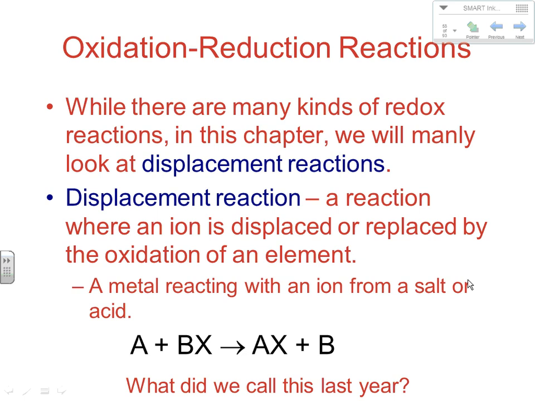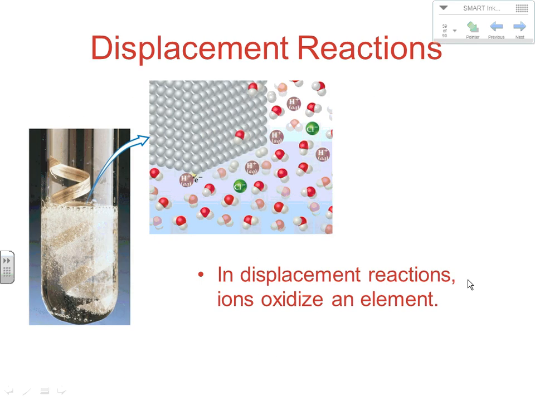It's a type of redox reaction. So we're only going to look at that and only that type of redox reaction for the most part today, and for the most part in this chapter. Now, in displacement reactions, ions oxidize an element. So we have an element, and an ion in a compound is oxidizing that element to make it an ion as well.